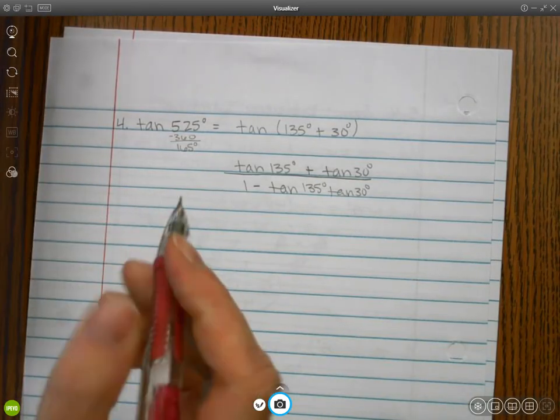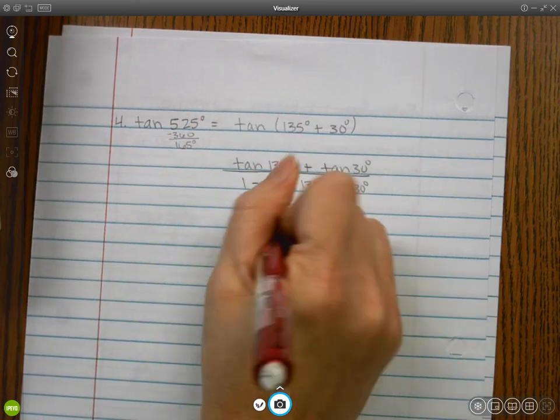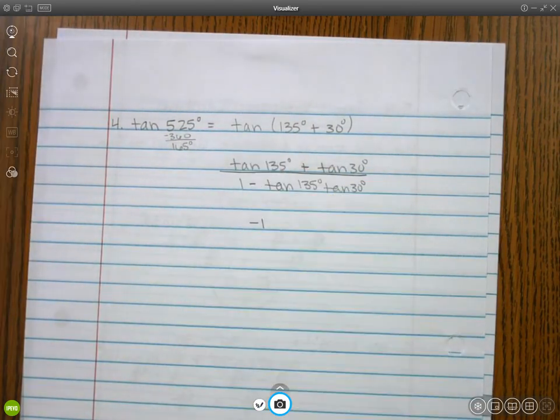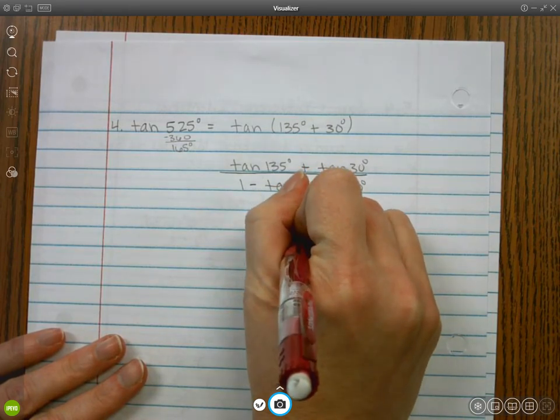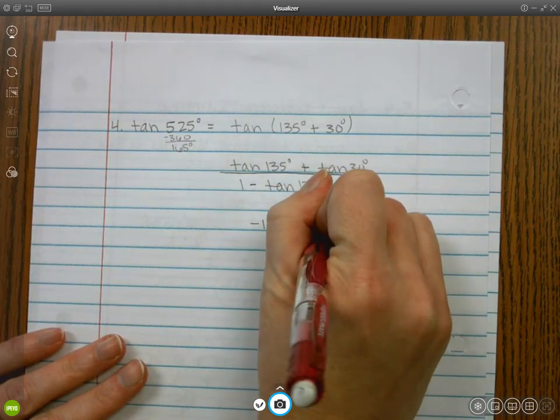Okay, so tangent at 135 is -1. Tangent at 30 is root 3 over 3.